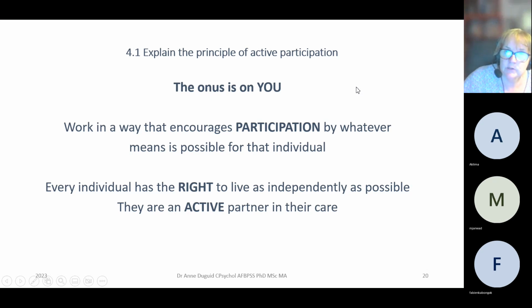This is a person who's in there, and even the most significantly disabled individuals will communicate pain, distress. If they don't like something, they will tell you by whatever means they can, and it's your job to listen and respond appropriately.